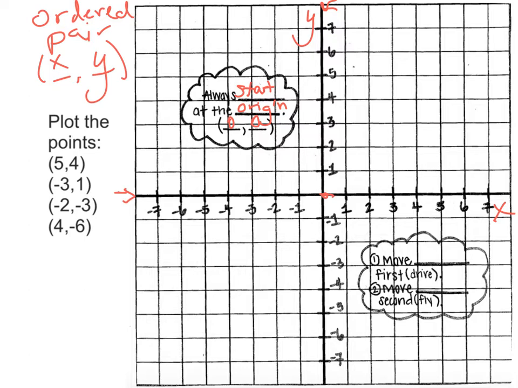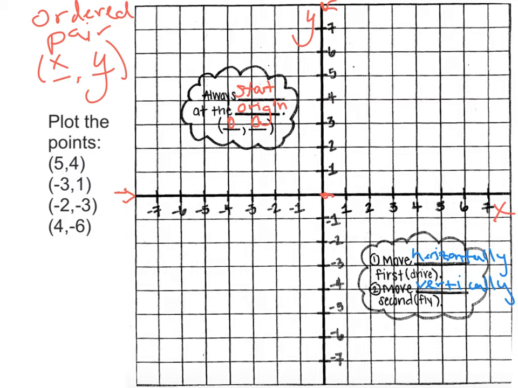That means it tells you whether to move left or right. So we first move horizontally, and then, second, we will move up or down, which is vertically. In other words, first you drive, and then you fly.